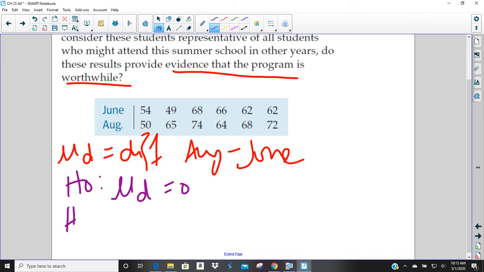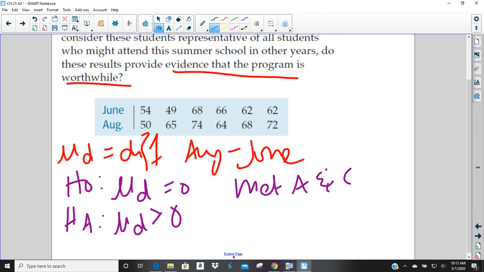And HA: mu d is greater than 0. We want to know that it's worthwhile. Is the program worthwhile? Did kids pass? I think we have an idea what it's going to be. We already met the assumptions and conditions.